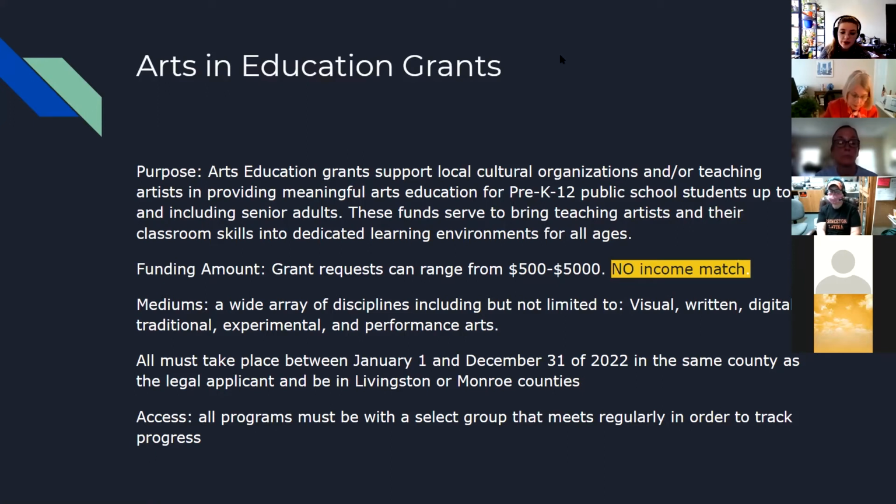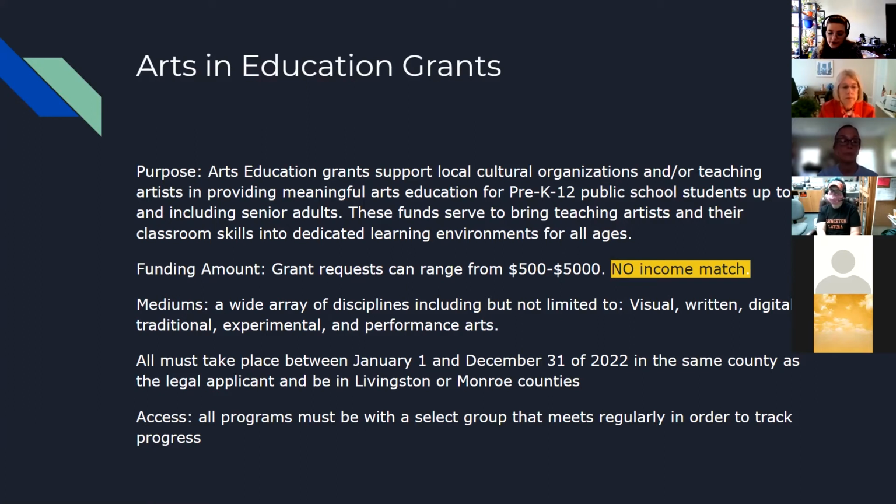It must take place between January 1st and December 31st of 2022 in the same county as the legal applicant, and must be either in Livingston or Monroe counties of New York State. For this grant, all programs must be with a select closed group of individuals that meets regularly in order to track progress.